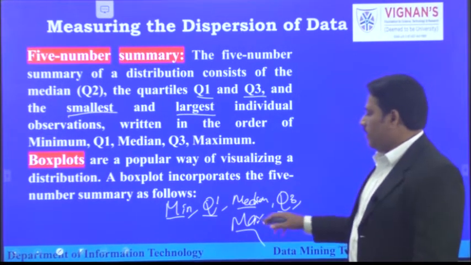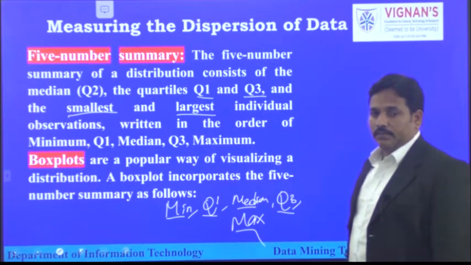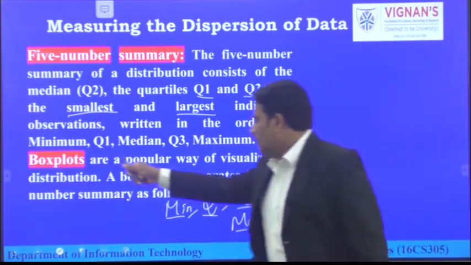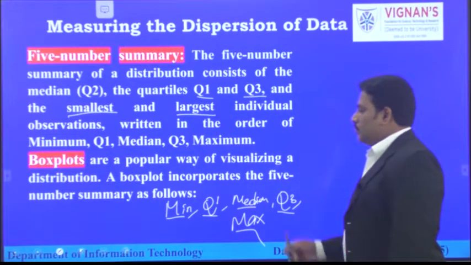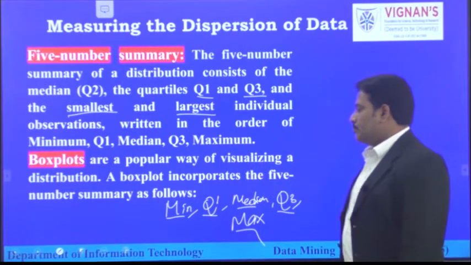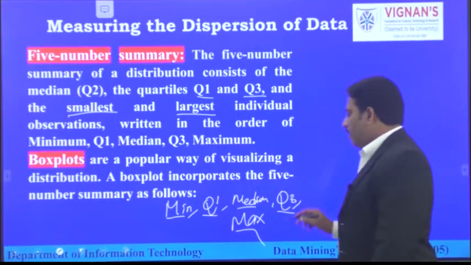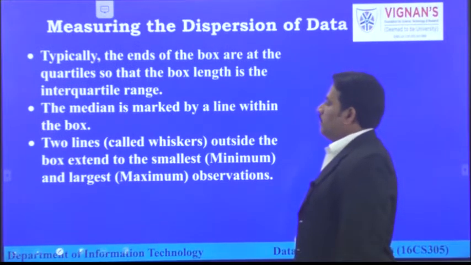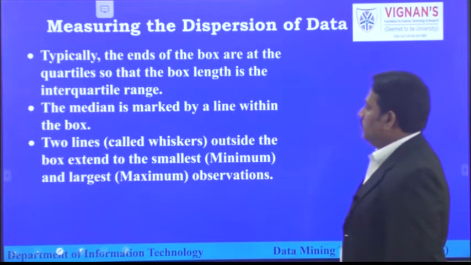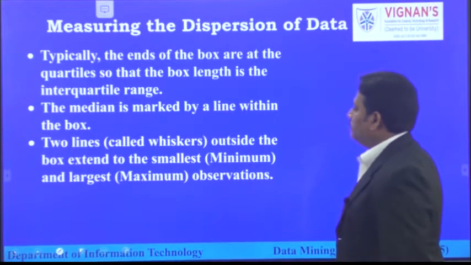If you arrange all these values in a graphical representation, we call it a box plot. Box plots are a popular way of visualizing the distribution of the data. The box plot incorporates the 5-number summary as follows.